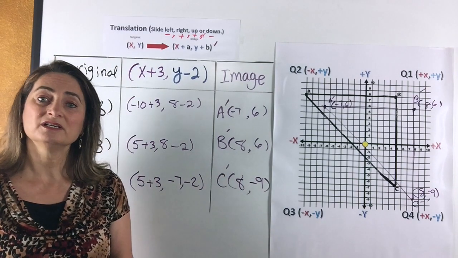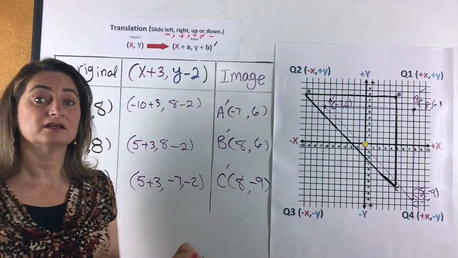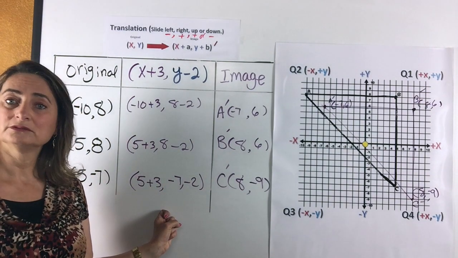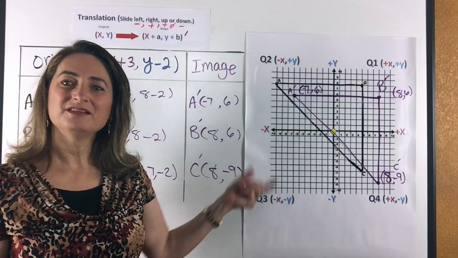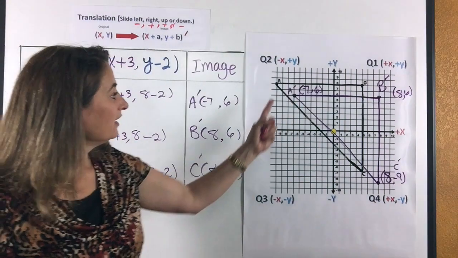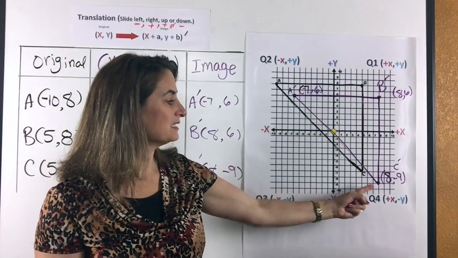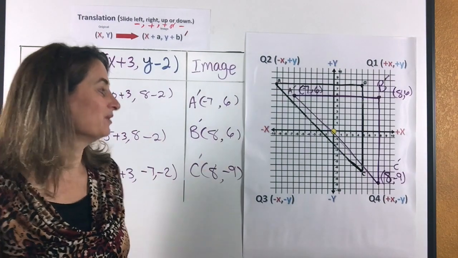That's a translation. You can count spaces, literally counting spaces on the coordinate plane, or using the rule to add and subtract if needed. I wanted you to see the original triangle A, B, C, and the image A prime, B prime, C prime. That's why I had to draw it better.